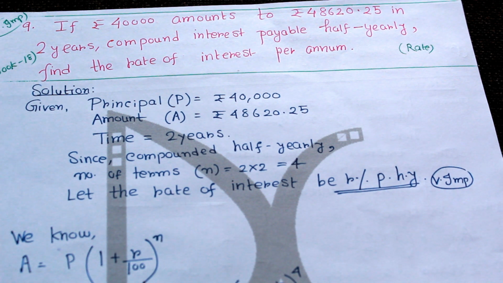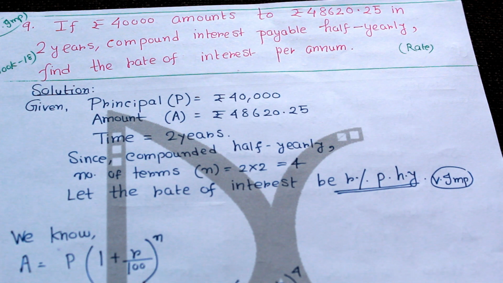Don't think about it now, you consider the rate to be per half year, means you take r% per half year. You put all the values as you do in the question. Suppose you will get the rate as 5.